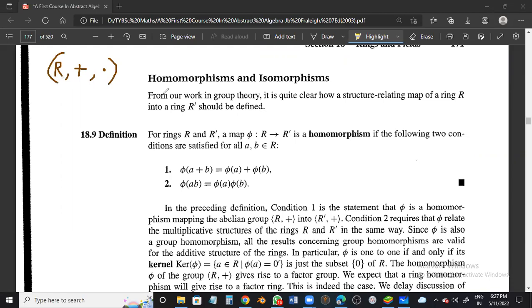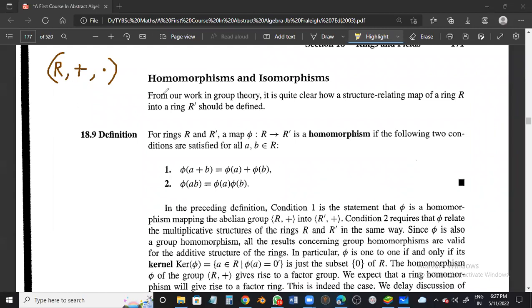If R plus is an abelian group, it means addition must be binary, associative, there must be an identity for addition, and every element in R must have an inverse with respect to addition. Moreover, to have an abelian group, addition must be commutative. So these are the 5 conditions addition must satisfy on R.